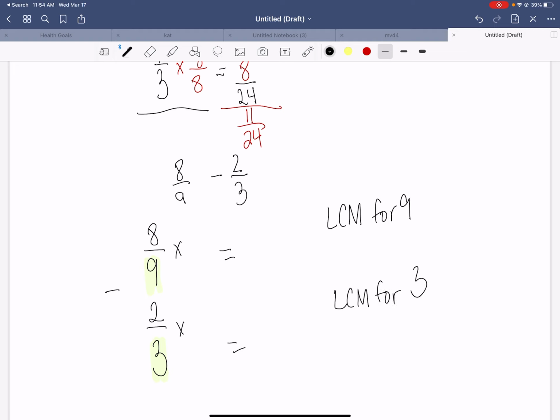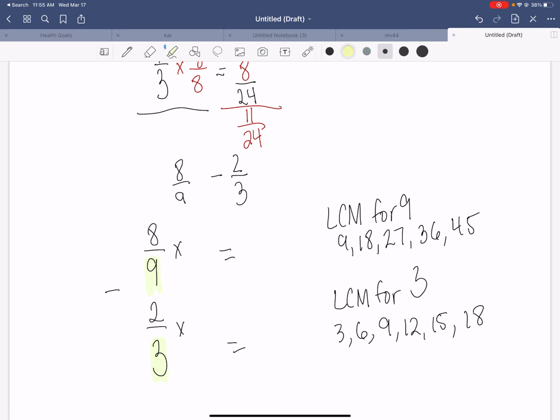So we are going to go ahead and make our list. So we have 9, 18, 27, 36, and then we'll stop at 45. Okay? And then our next one for 3, we have 3, 6, 9, 12, 15, and 18. All right, cool. I'm going to stop there.